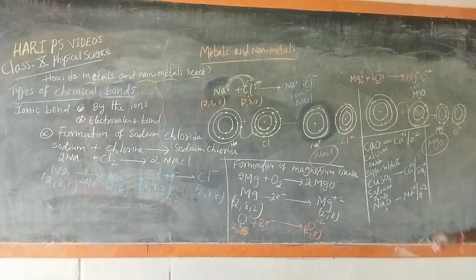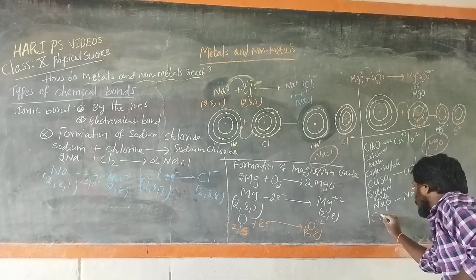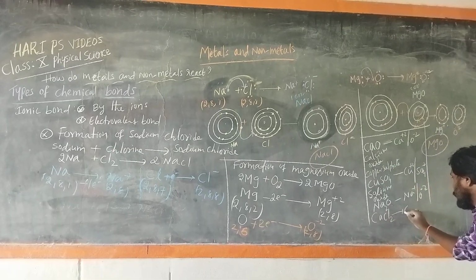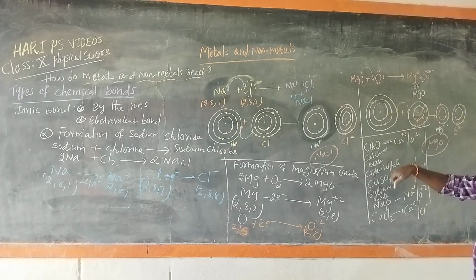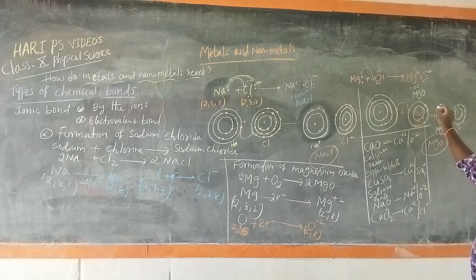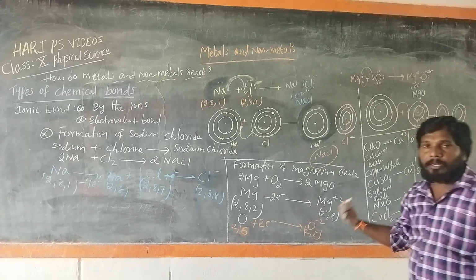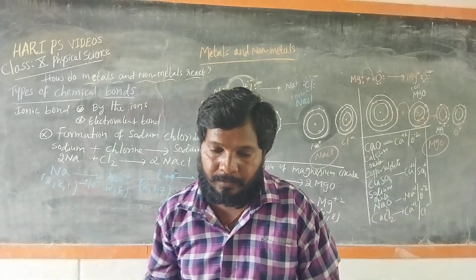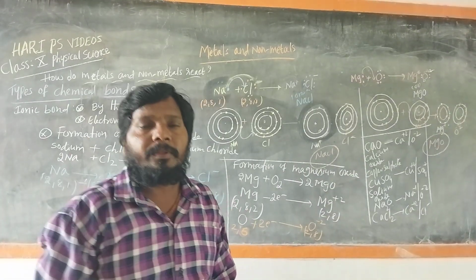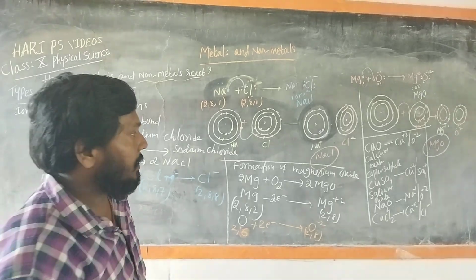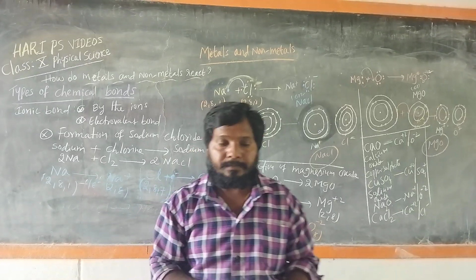Then calcium oxide, potassium chloride, and calcium chloride, Ca plus 2 and Cl minus. So sodium chloride, magnesium oxide, calcium oxide, copper sulfate, sodium oxide, calcium chloride, magnesium chloride, aluminium chloride, aluminium oxide: these all are examples of ionic compounds because they are formed by ions.